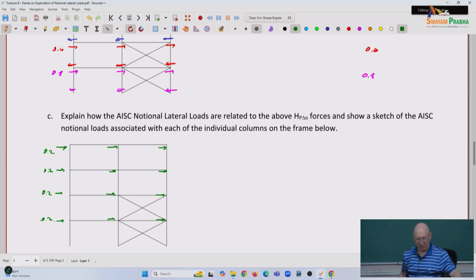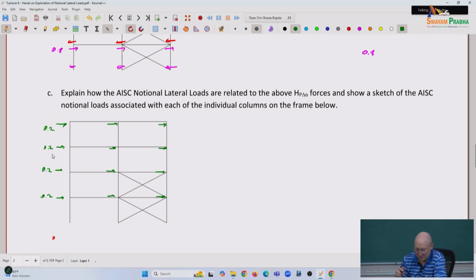All right, so now the question is, if I've got all these notional lateral loads on the frame, what would be my reactions at the base of the structure? I have a graphic on the next page to illustrate this, but it may be easiest to understand if we do it here. I'll change to purple.